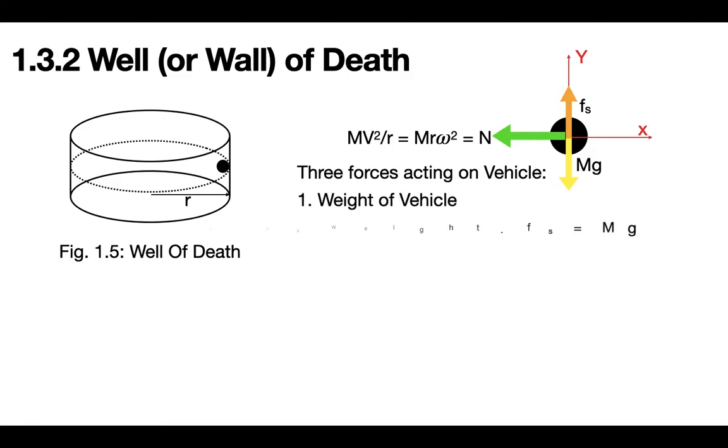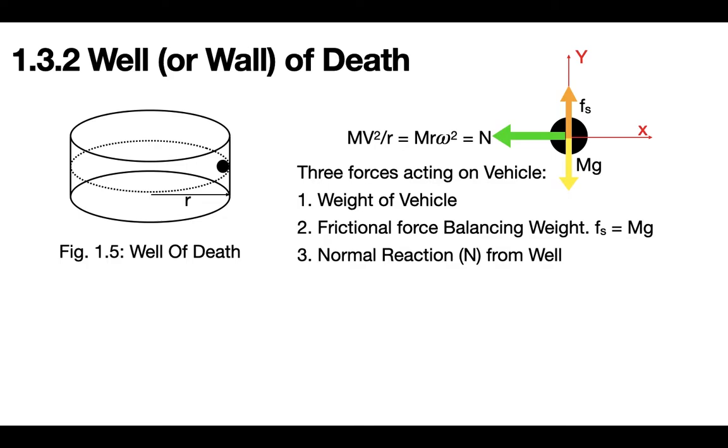The frictional force balances the weight because it is not performing any vertical motion; it is moving in circular motion in the well itself. And the third is the normal reaction N from the well.